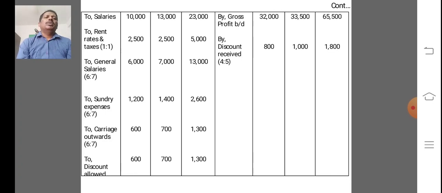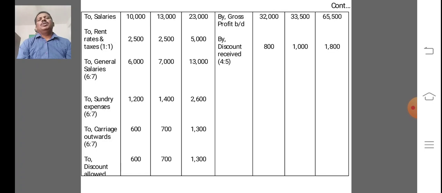By discount received also, one type of discount received is allocated on the basis of 4 is to 5, that is 4 divided by 9 for A department and 5 divided by 9 for B department. So A department's share is 800 and B department's share is 1,000, total 1,800.